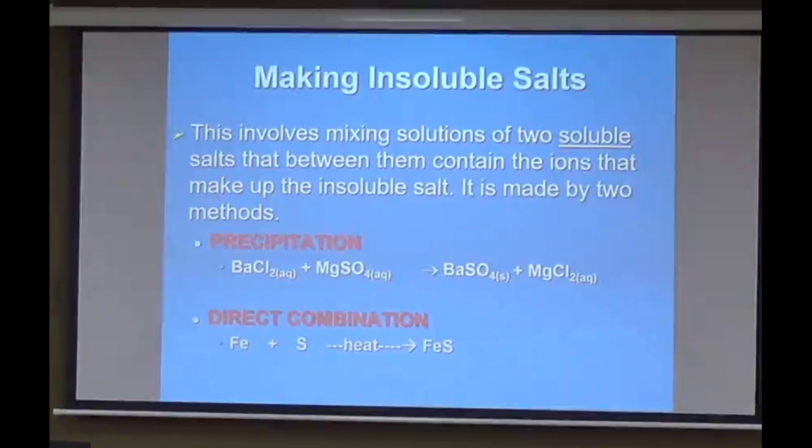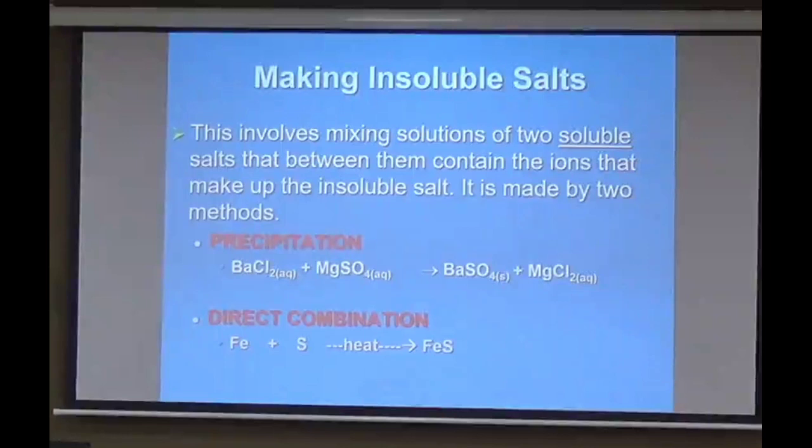Like here, barium chloride is combining with magnesium sulfate. Both are soluble salt solutions. They react with each other to form barium sulfate, which is an insoluble salt, that is, it appears in the solution in the form of precipitate.